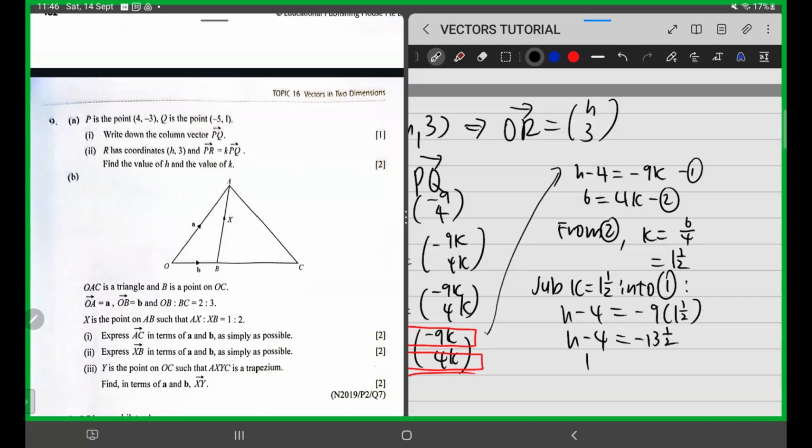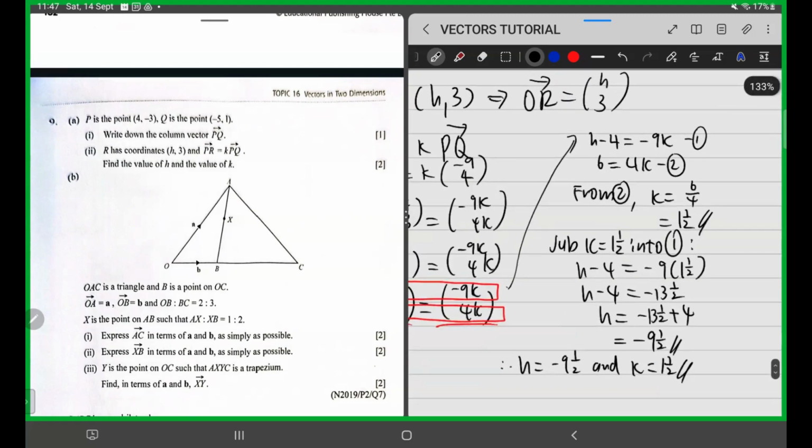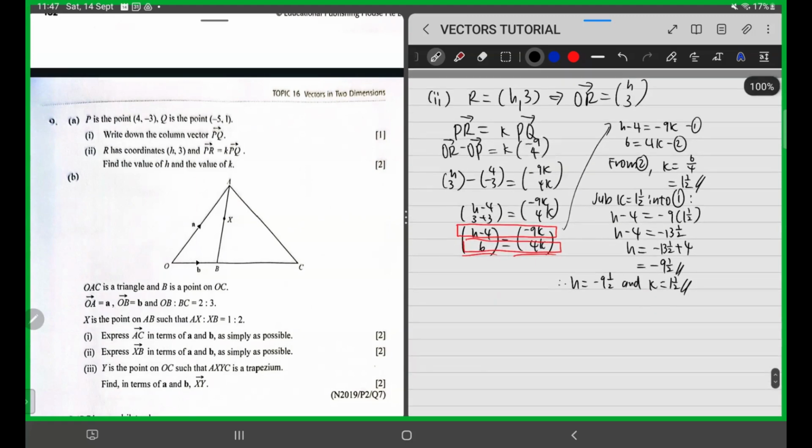Hence, h is -13.5 plus 4, which gives us -9.5. So that's the answer. h is -9.5 and k is 1.5. And yeah, so that is part ii.